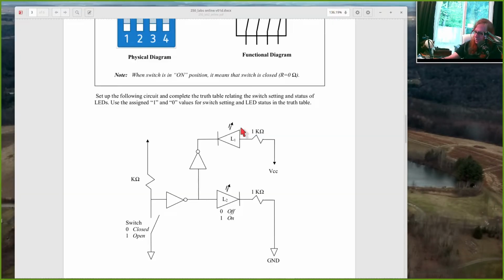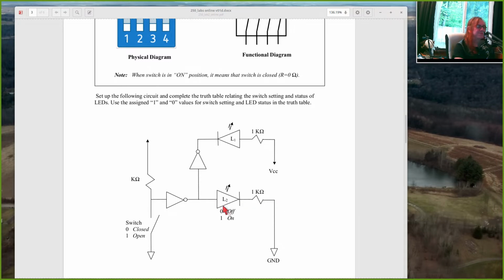If the switch is open, there's no connection between this point and ground. So this lower part of the circuit we can just ignore. Has no effect. So we have 5 volts up here going into an inverter. We have a low voltage coming out. So this is going to be ground on this side.